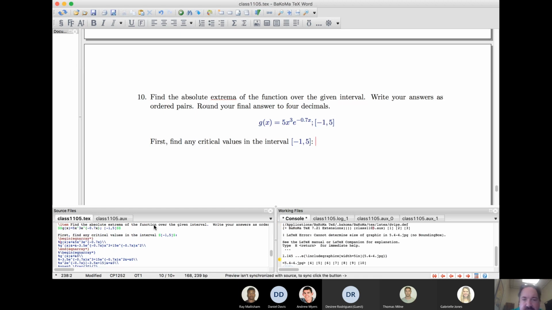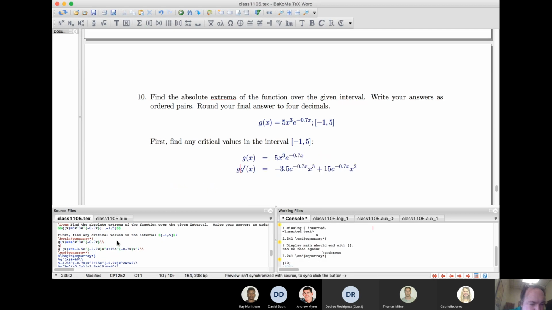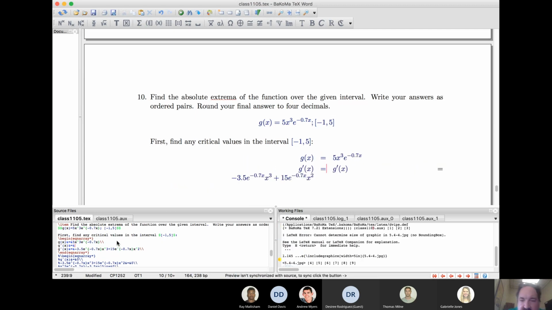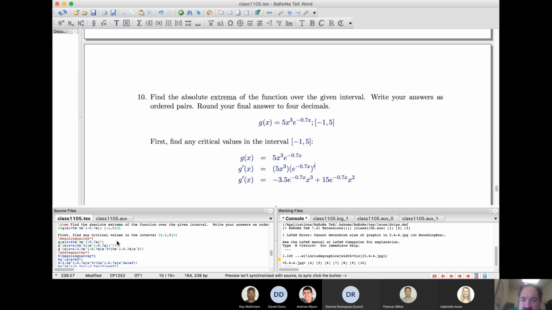So first we need the derivative. For this we use the product rule. I'll fill in some intermediate steps here. So we have 5x cubed times the derivative of its exponential plus the derivative of 5x cubed times just the exponential.